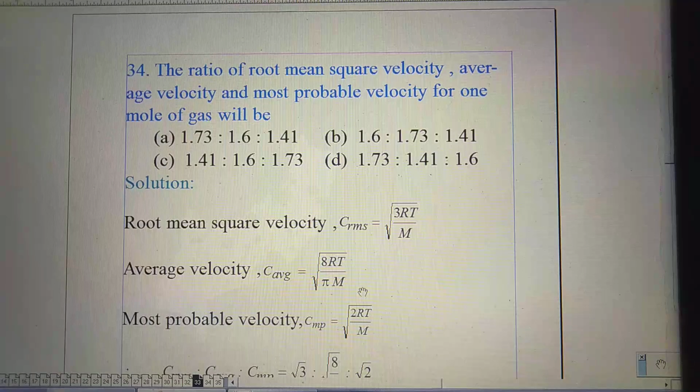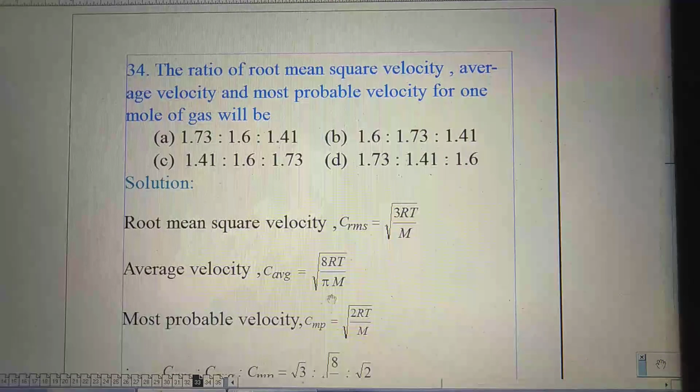For that we simply have to know the formulas of root mean square velocity, average velocity, and most probable velocity. Root mean square velocity, C RMS, equals root over 3RT by M. Average velocity, C average, equals root over 8RT by M pi.